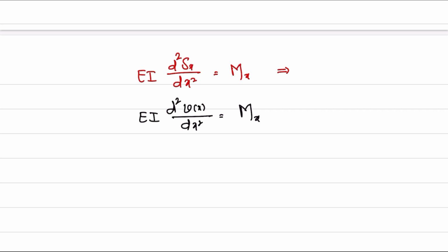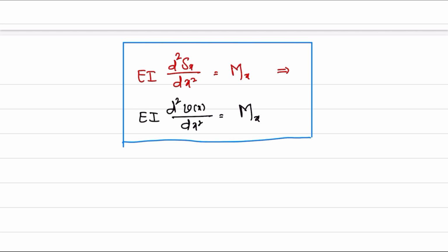Both are correct. Both are only notations. Don't worry about the notations. Try to understand the concept. You can call the deflection delta x, or you can call it Vx. That's up to you. There is absolutely no problem. Now ultimately what we have to find out is delta, and that too delta maximum. Once we find out delta x, then we can find out delta x maximum.